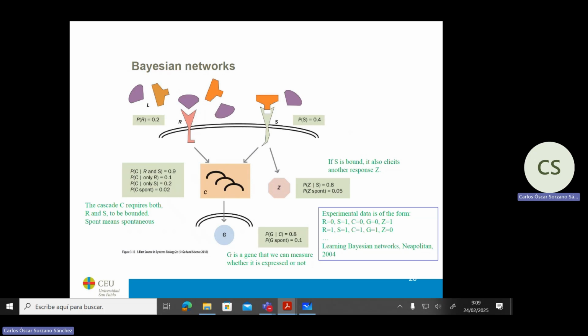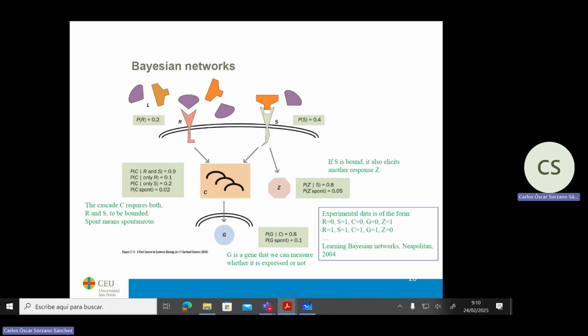And then for another protein, or another cascade or whatever, you have the same kind of probabilities, and then you're interested in what is happening with this gene G, and you want to see if it is expressed or not.